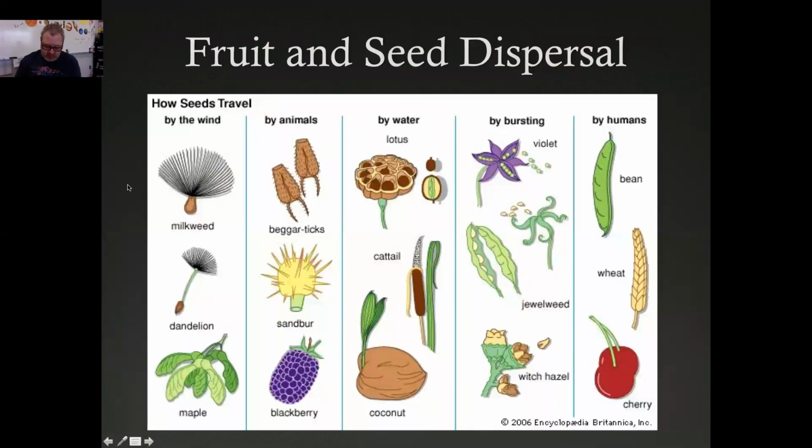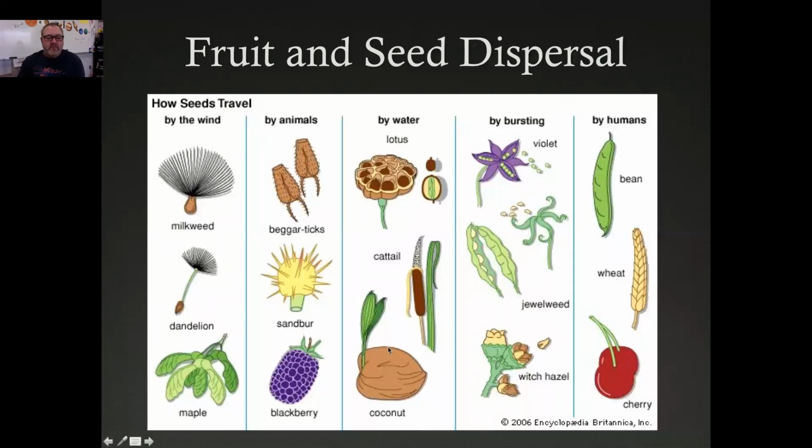There's a lot of different ways that those seeds get dispersed. Sometimes the wind will pick up the seeds and blow them from one place to another. We talked about this a little bit in the previous chapter. Sometimes animals are involved, like with thistles and cockleburs, which attach themselves to dogs or your clothes and get carried around from one place to another until they drop off.